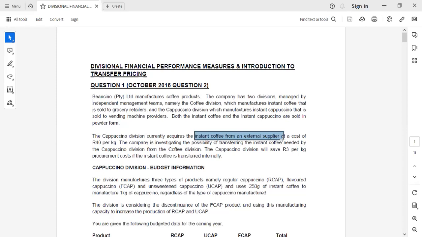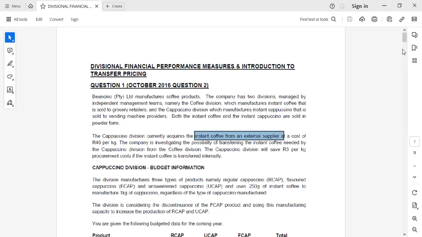So currently, the cappuccino division is buying at 40 per kg, and also has procurement cost of 3 Rand per kg. All in all, that means they are paying about 43 Rand to buy from outside: 40 per kg for a purchase and 3 Rand for procurement cost.